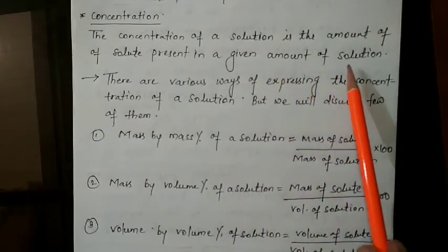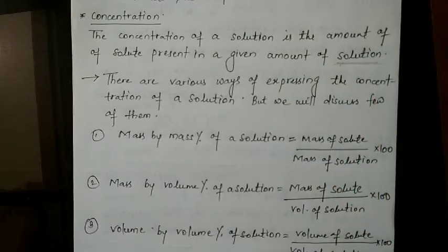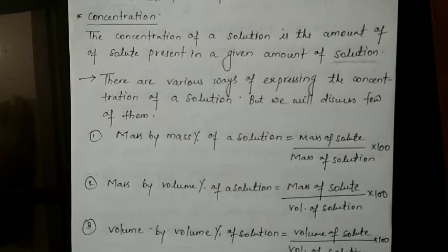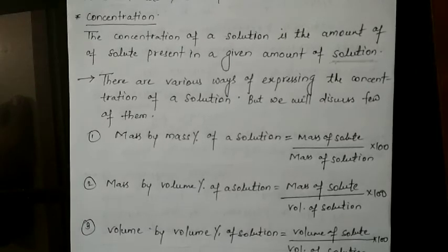As I told you previously with an example, if you take 250 ml of water and 100 gram of solute, that will be more concentrated than 250 ml of water plus 50 gram of solute. So concentration of solution is nothing but the amount of solute present in any given solution.